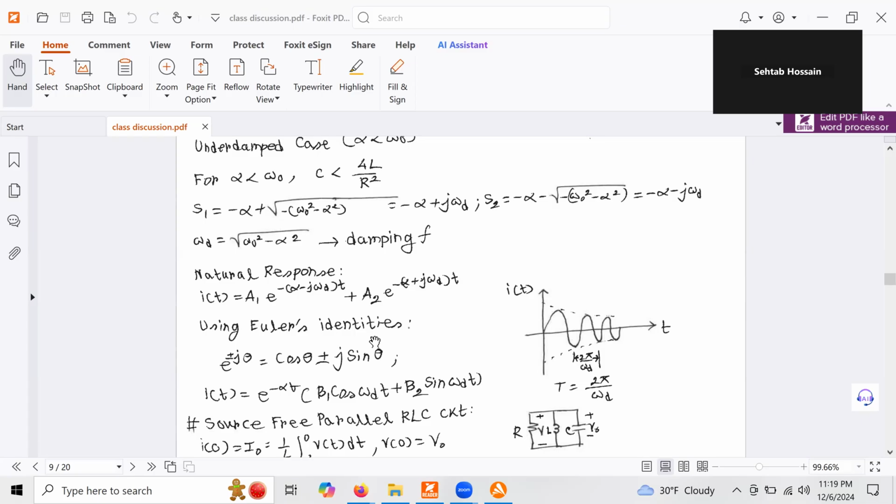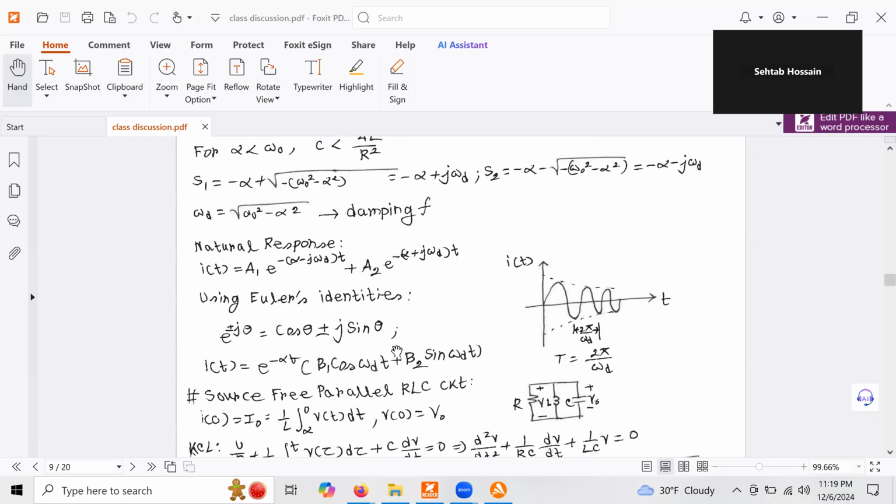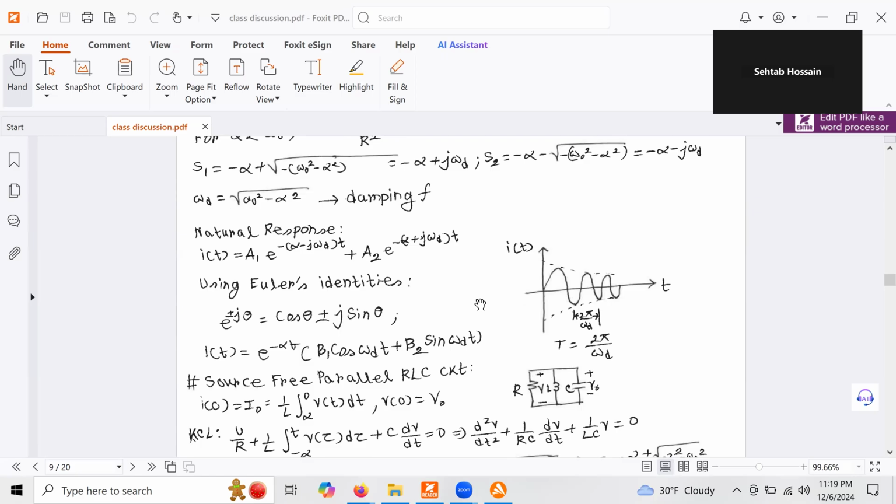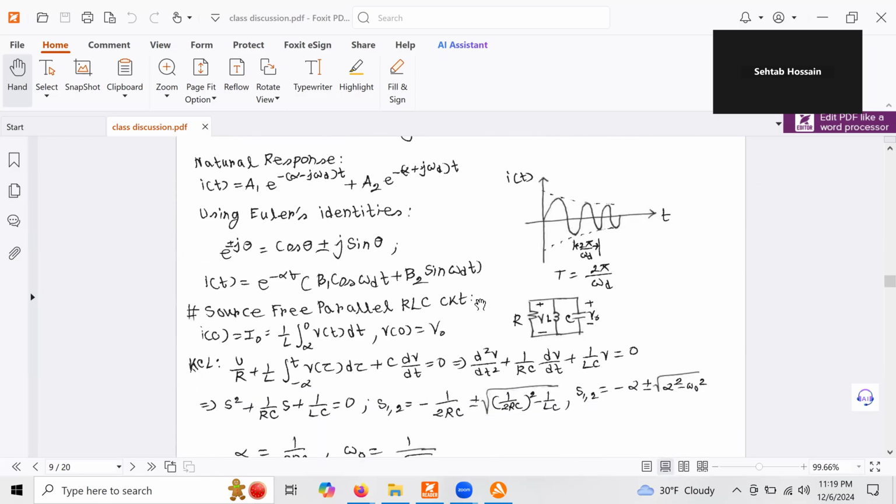Using Euler's identity, it will become just like this, with cos omega d t and sin omega d t. B1, B2 will be two constants. So for the source-free series RLC circuit, the underdamped current performance will be just like this. It will be ringing for a period of time.